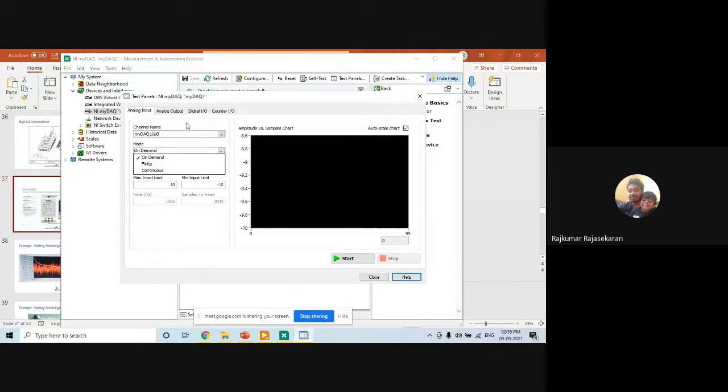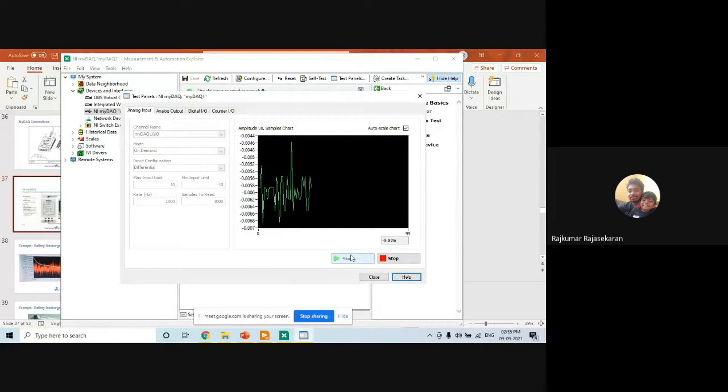To check it out, I'm going to AI0, which is connected, on demand right now. So I'll just run this. By default, it's a type of chart which goes from left to right.